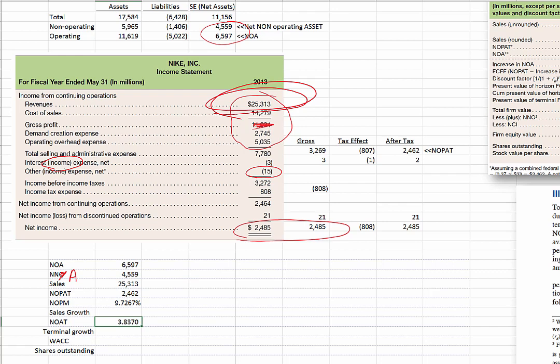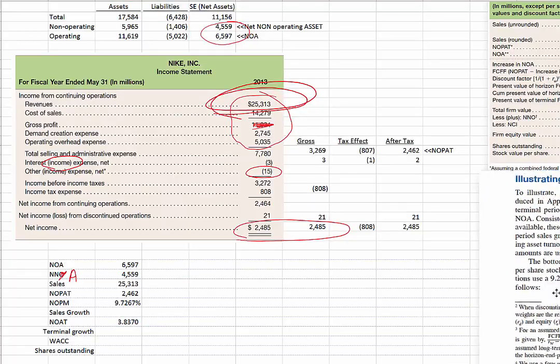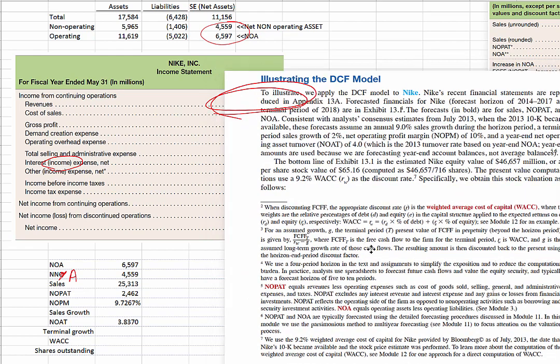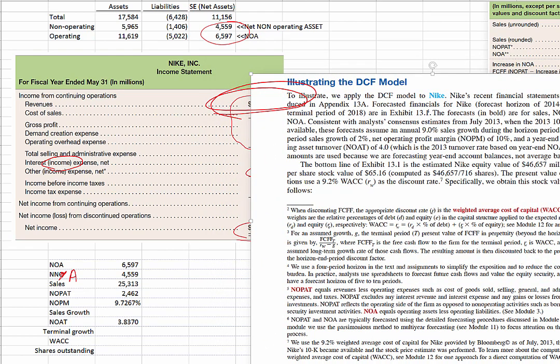So let's look the rest of that information up. I think that's going to be right here. From the textbook, terminal period sales growth is 2%. That's going to go right there. 2%.